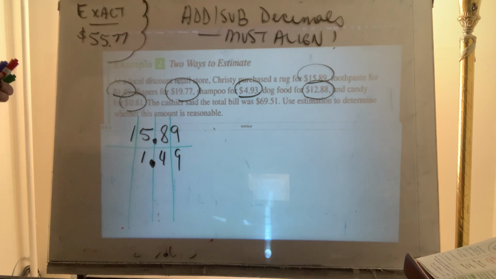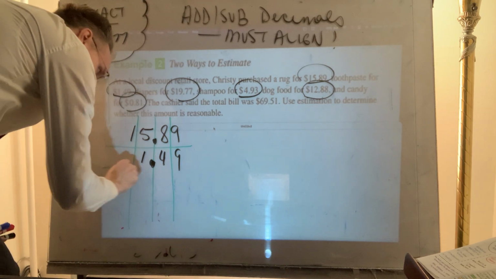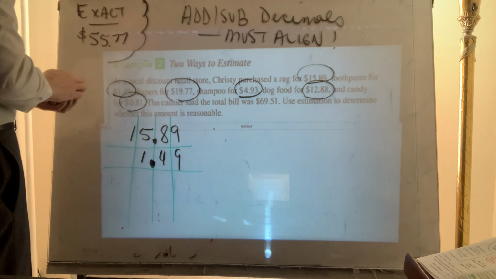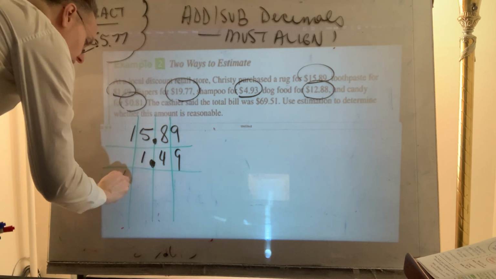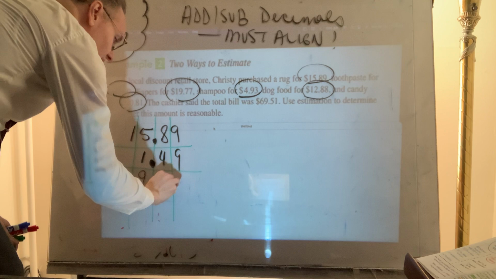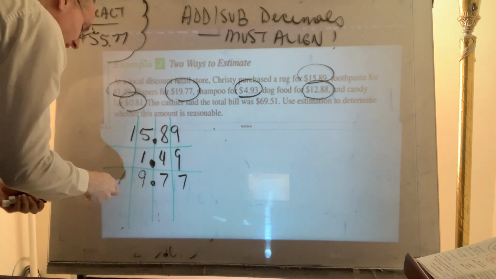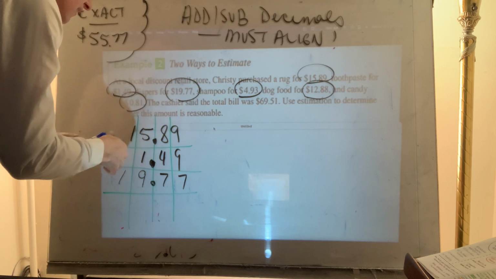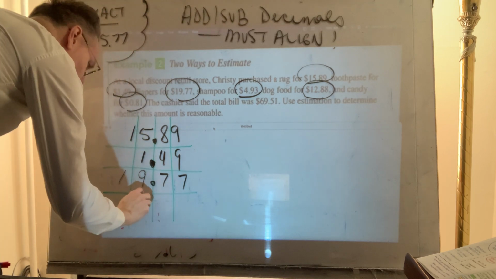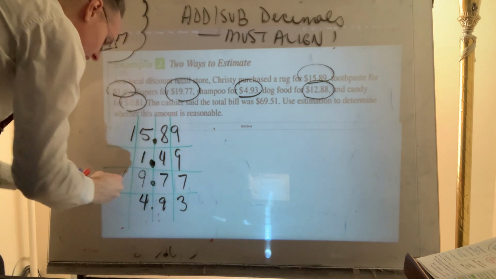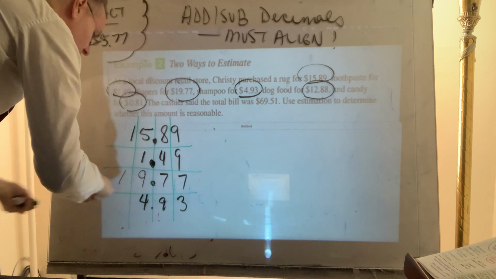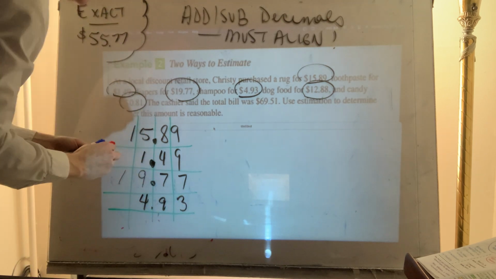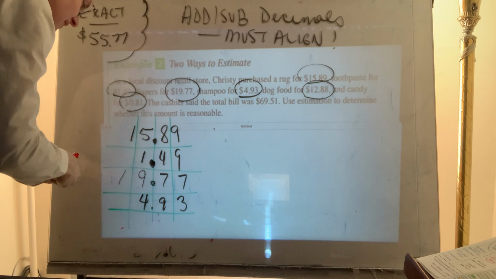That's why graph paper is very handy. All right, even when you're estimating, I would start out that way. All right. $19.77. $4.93 and $12.88.